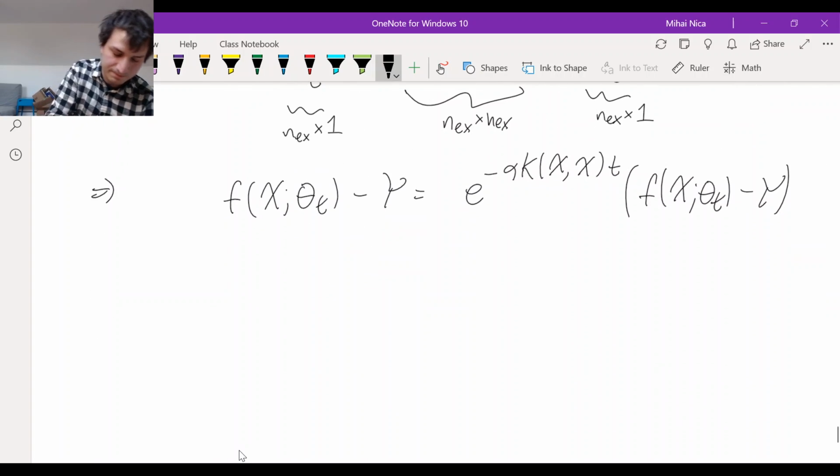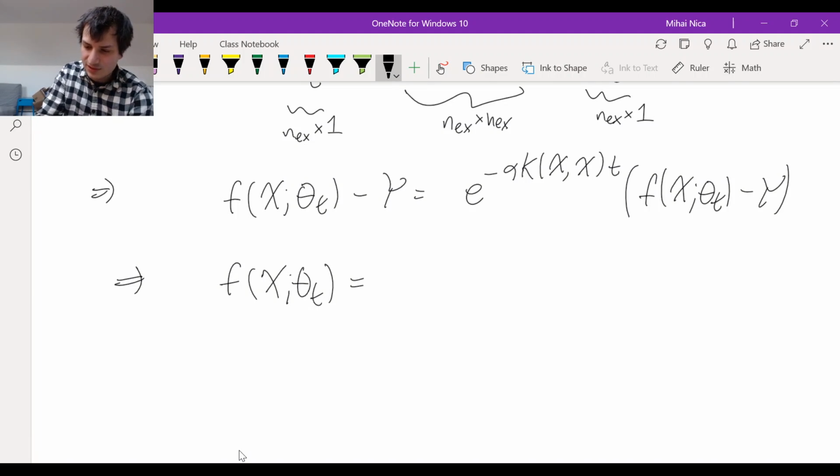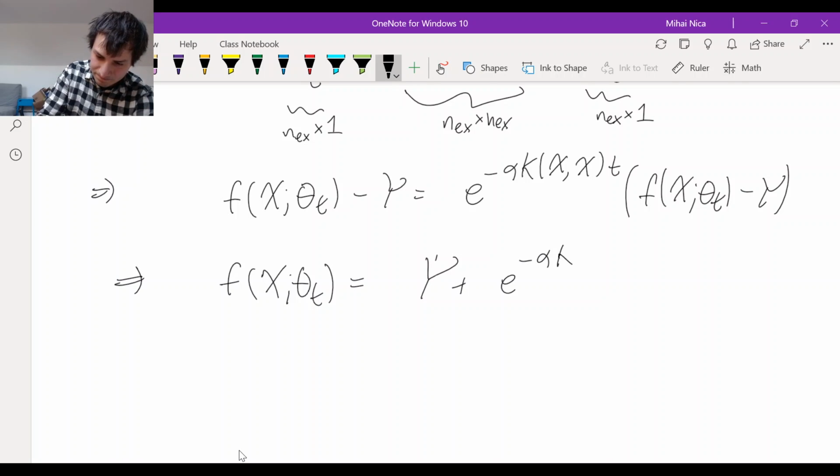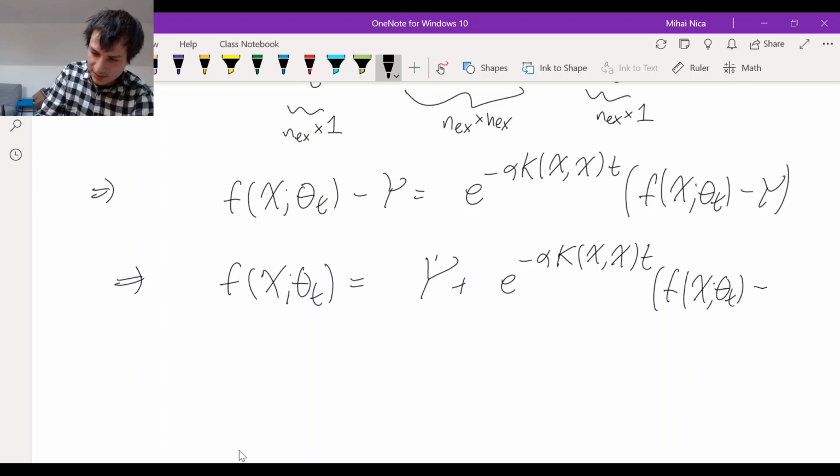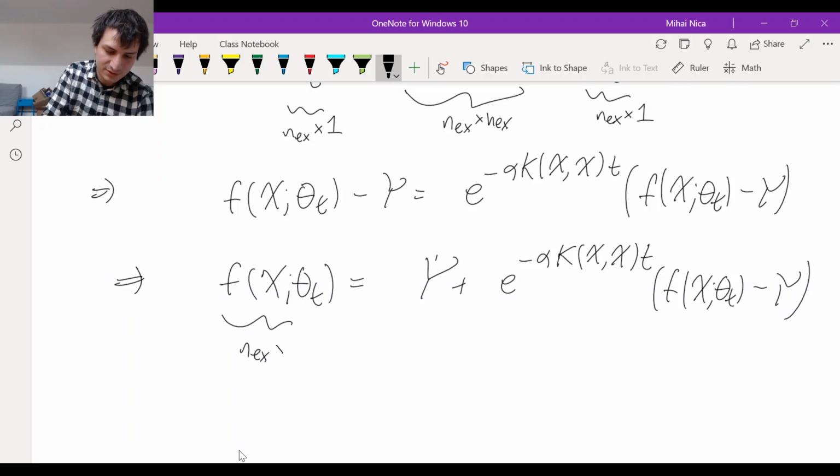And that gives us the solution f of x theta t is equal to this stuff plus y. Did I write this in a funny way? Yeah, I should write it like that. y plus e to the minus alpha k of x x t times f of x theta 0 minus y. So that's the final solution for this nx by 1 vector evolving in time.